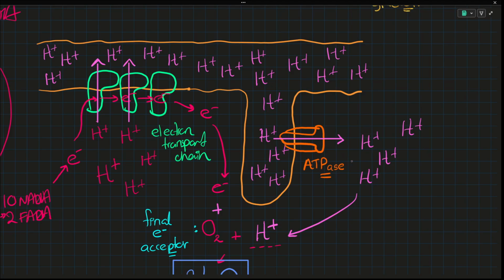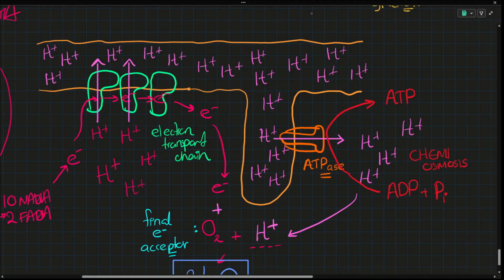We produce the main thing we need to produce, that is ATP from ADP plus inorganic phosphate, and this process is known as chemiosmosis.